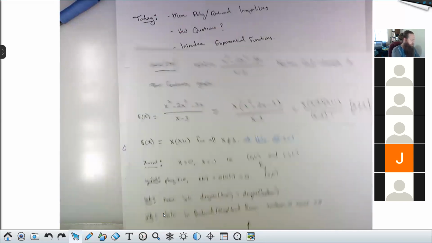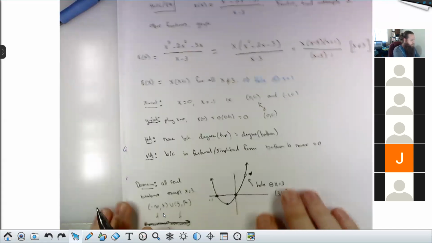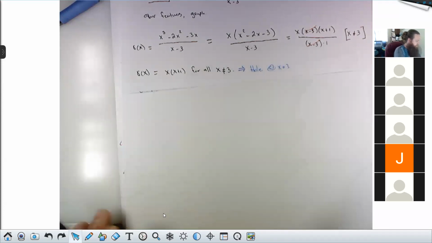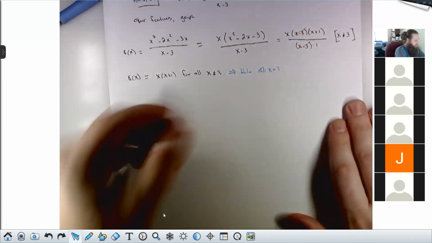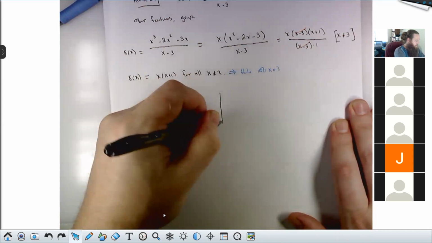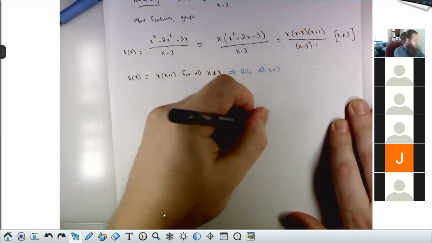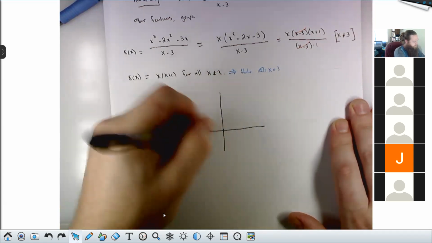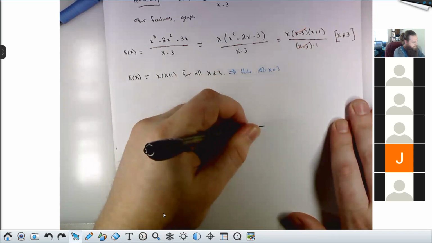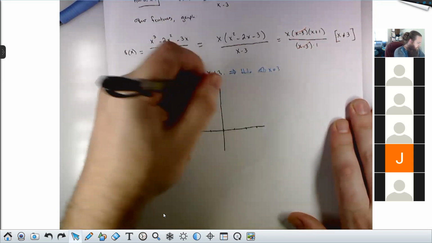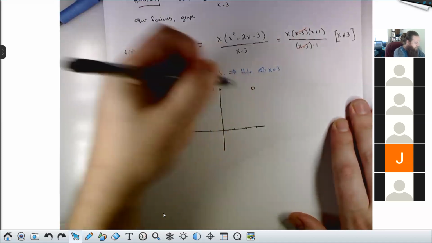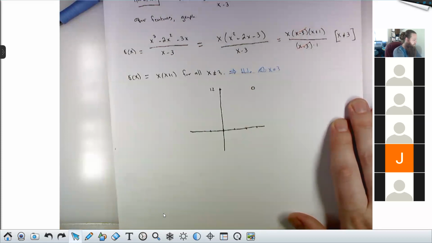Let me draw a slightly better graph for you. That will help with the range. Put a little more love into that graph. Draw the hole, which I know is at 3,12 first.